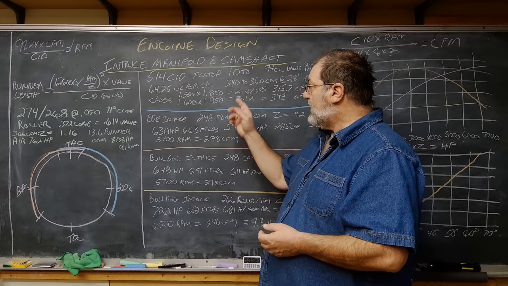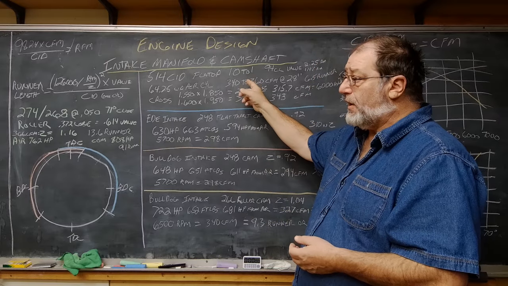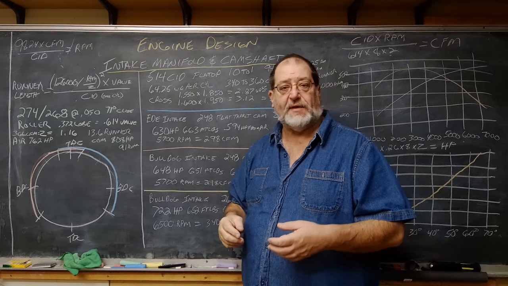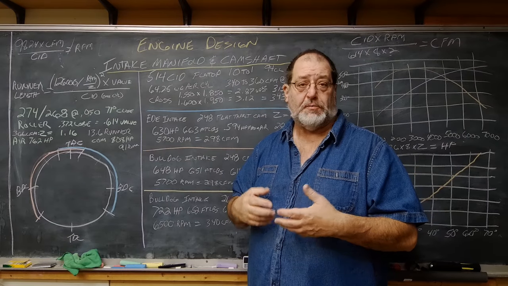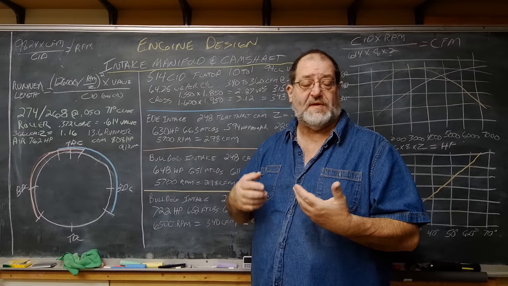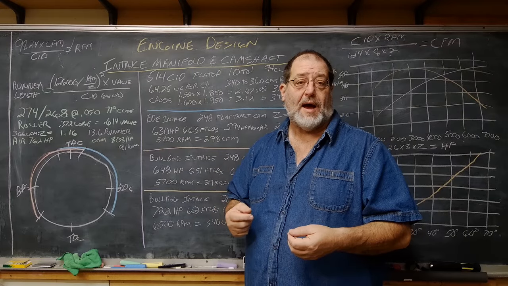Now, it's basically going to be 10 to 1 if I run the Boogeyman heads, which is what I'm thinking about. If I run as cast Boogeyman heads with this motor, I wind up with 10 to 1 compression on a 514. So that head is 94 cc and a 225 valve.